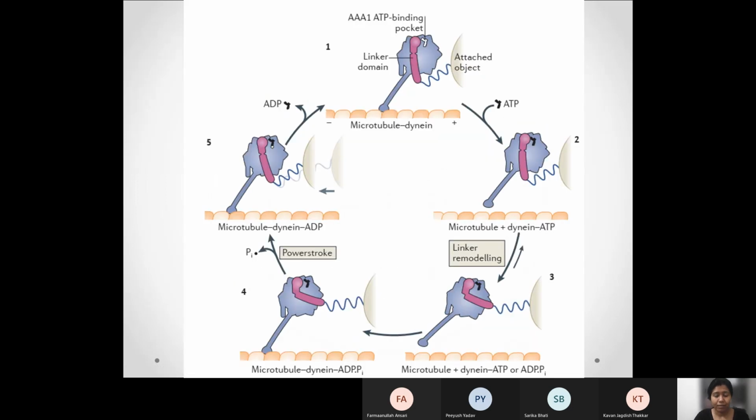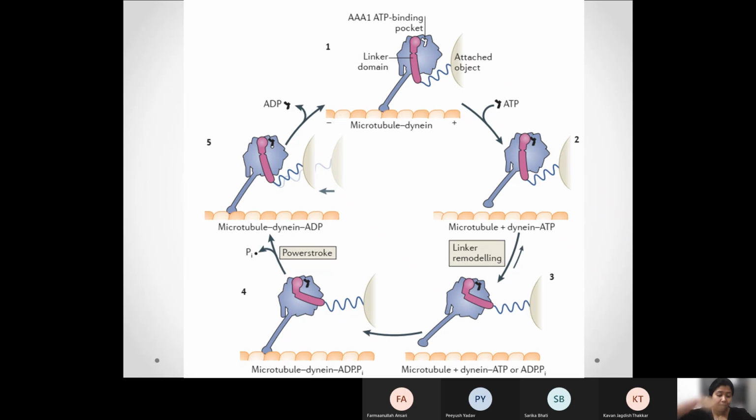The entire thing is quite complex even for me, but this is how I try to envision it. You have a change in the position of the stalk, and this positioning of the stalk is also determined by the coiled coil domain. Because it's a coiled coil domain, you can have changes in the relative orientation of the two coils, and that translates to how the microtubule binding end positions itself on the microtubules.